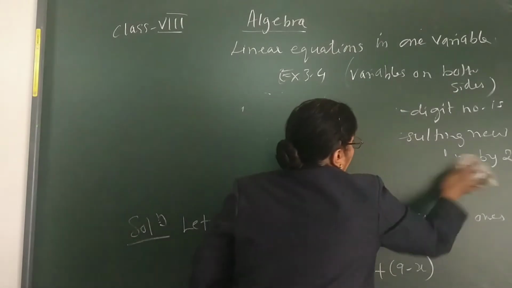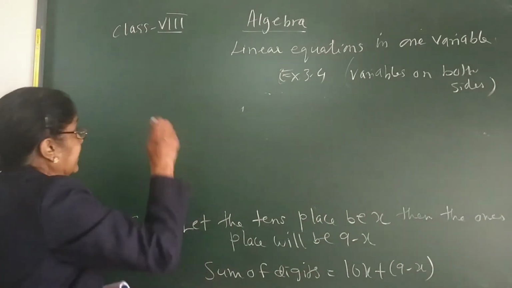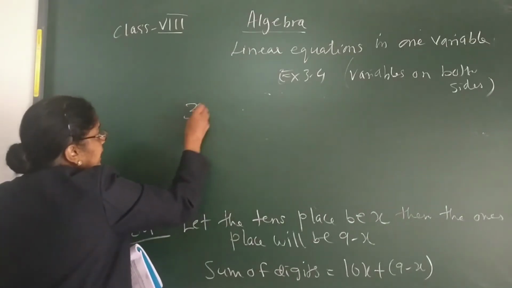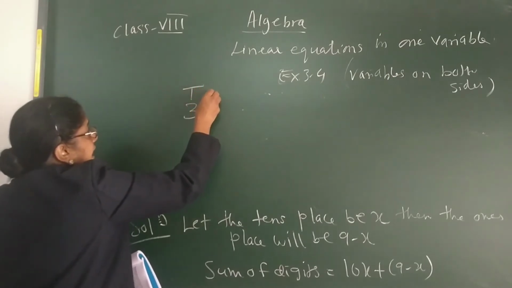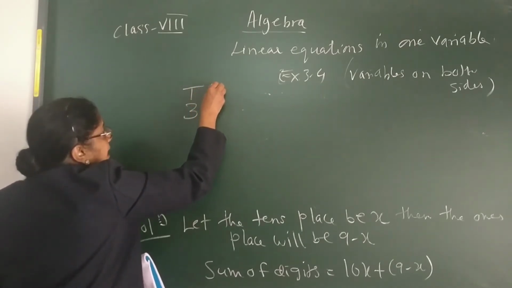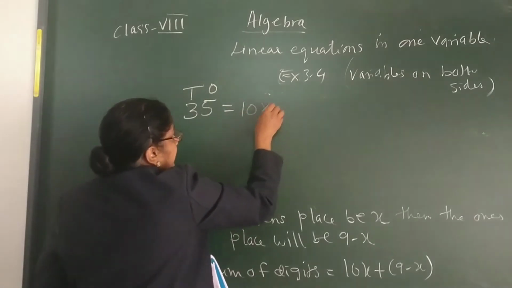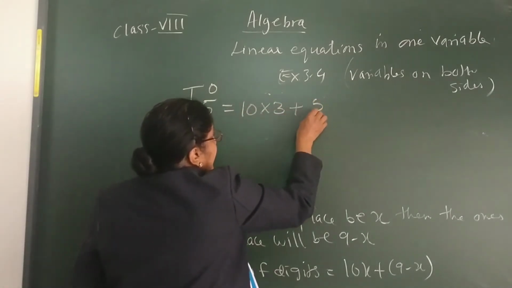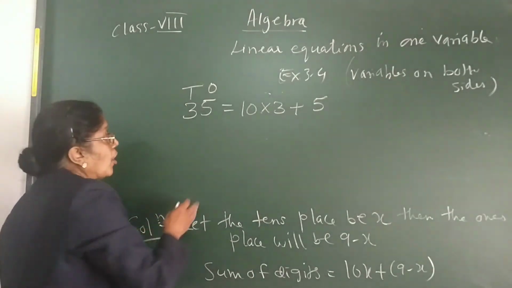Interchange. What do you mean by interchange? First we have to understand it. Let me take one example. 35 is given. In tens place 3 is there and in ones place 5 is there. So I can write this as 10 into 3 plus 5. Got it? Interchange means what?